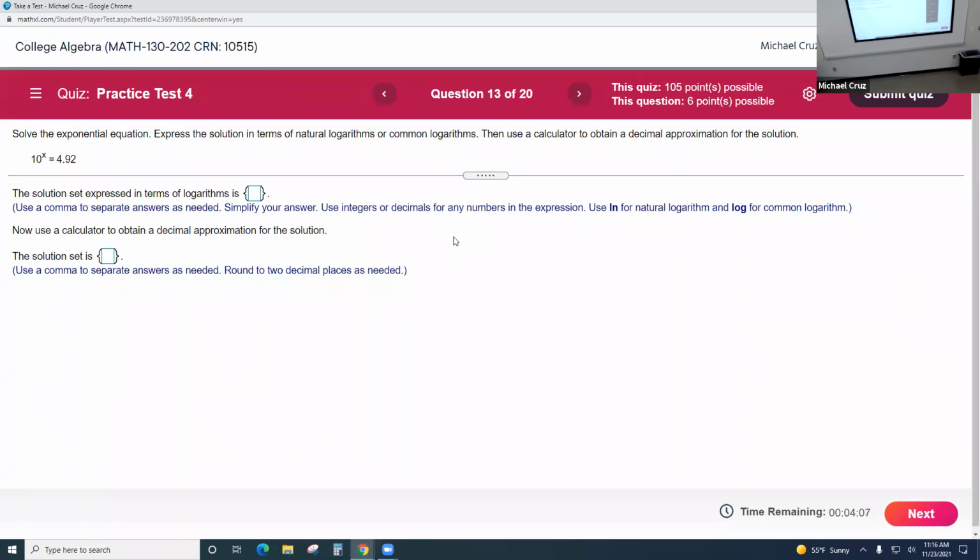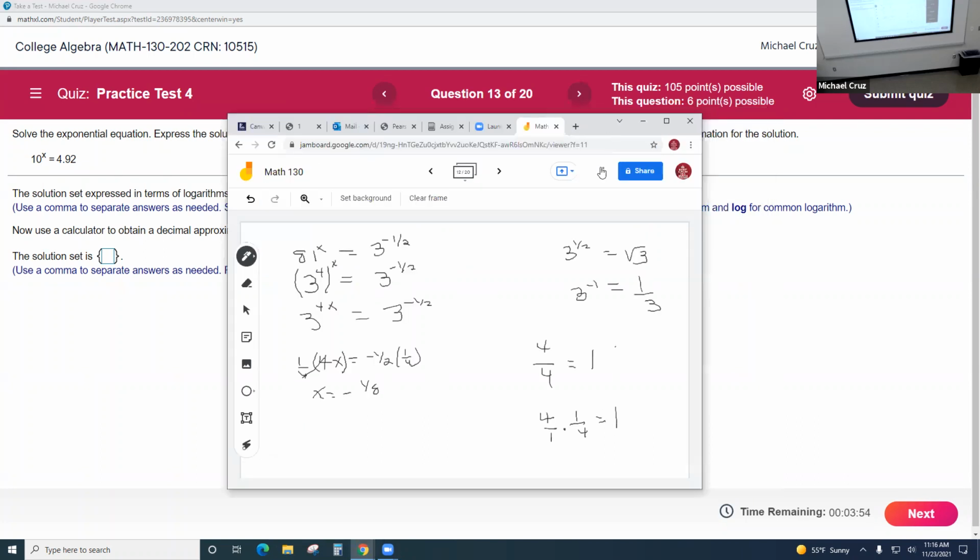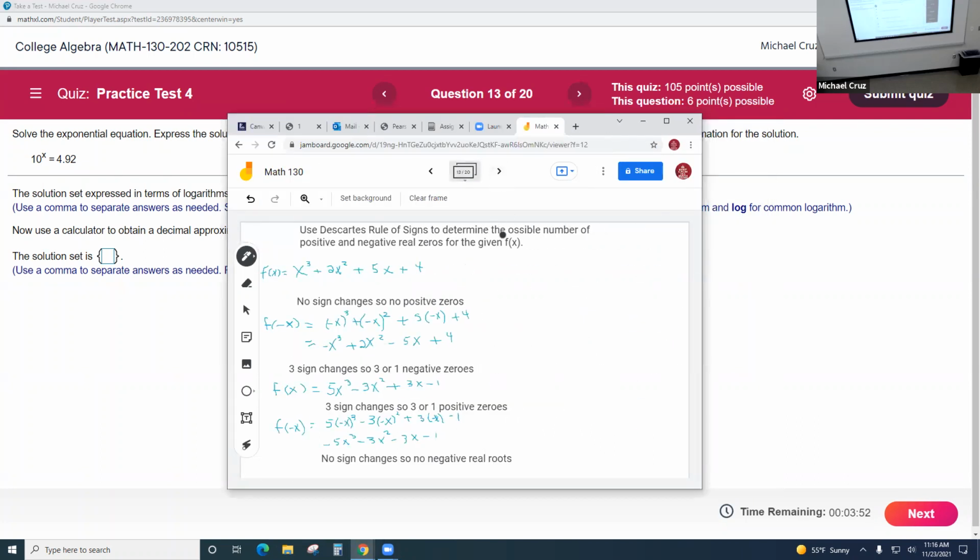All right, so how's the best way to deal with this one? Any ideas?